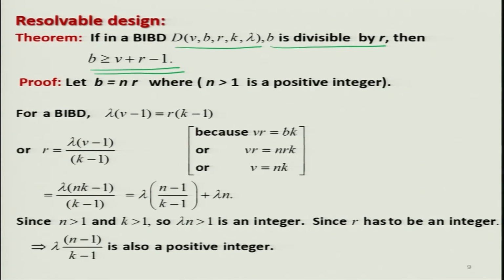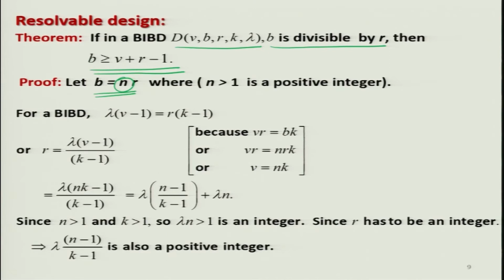Right. So, now let us try to prove this theorem. Suppose that B is equal to NR, where N is some positive integer greater than 1.